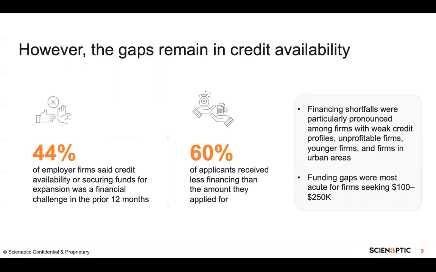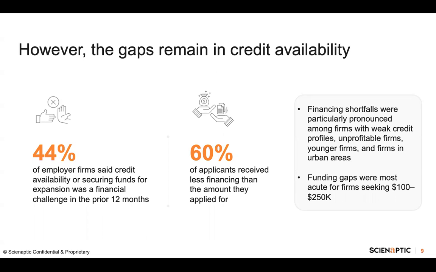And of the overall applicants over the 12 months, 60% believed that they received less financing than the amount that they applied for. And the key highlight, essentially, of course, as financial institutions look at the credit profile, one would expect that the financing shortfalls would be particularly pronounced for firms with weak credits or unprofitable firms or younger firms, and that's what turned out to be the case.